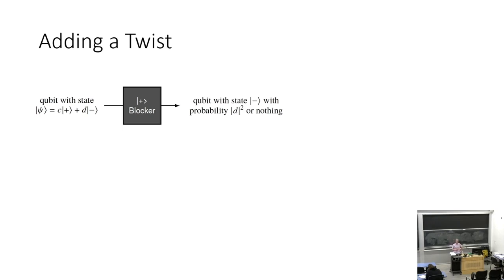a twist. So imagine I have a qubit with state psi equals C plus D minus, and I define this plus blocker, which tells me when I pass my superposed qubit through, I get a qubit state with minus, with probability D squared, or I get nothing.